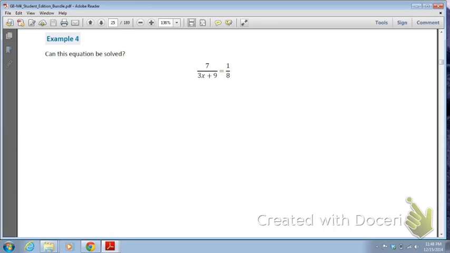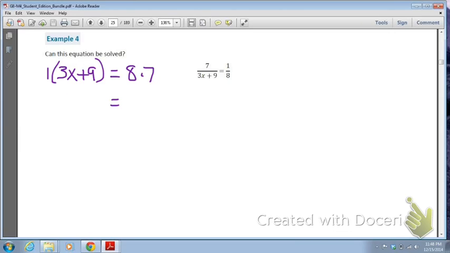Okay, here's example 4. Can this equation be solved? Same way we did the other ones. We're going to take the cross products, so I can see that 1 times 3x plus 9, which is just 3x plus 9, right, is equal to 8 times 7, which is 56. And so let's rewrite this.